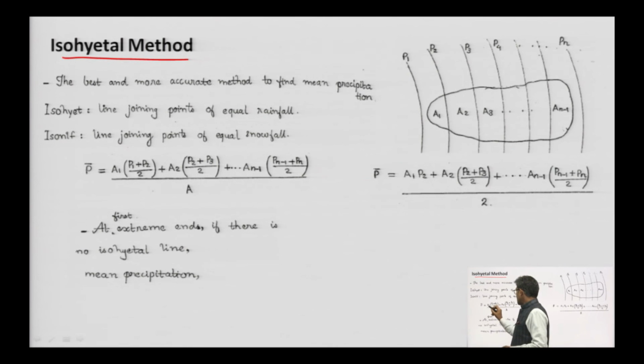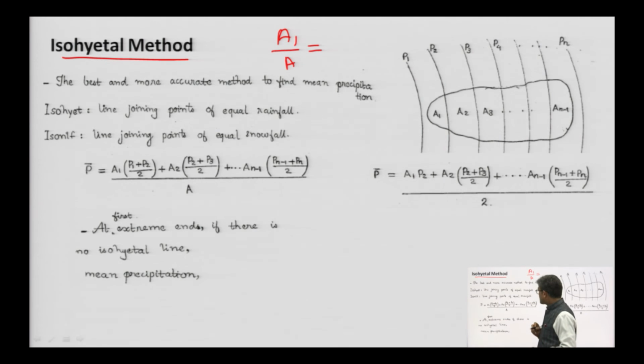Look here, it is A1 times P1 plus P2 by 2, divided by A. So, A1 by A is the weightage area for station 1. And in this method the precipitation is multiplied by the average, meaning consecutive P1 and P2.